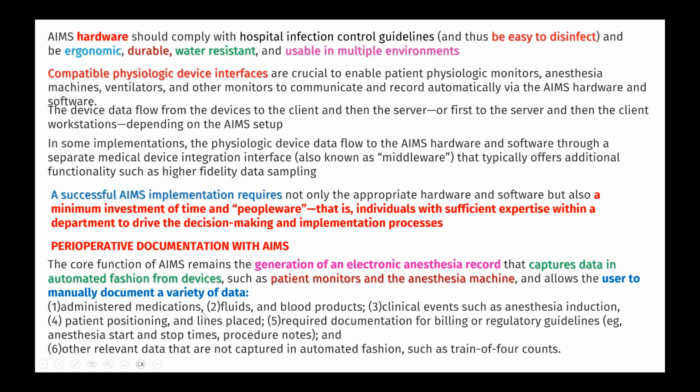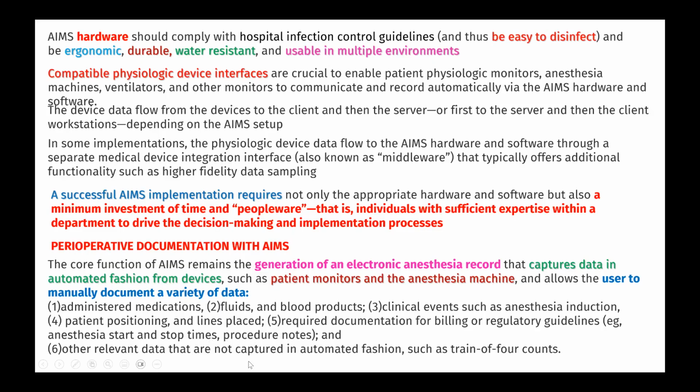Administration of medication, fluids and blood, clinical events such as anesthesia induction, patient positioning, lines placed, documentation required for billing and regulatory guidelines, and the anesthesia start and stop time. This is very important because in private nursing homes, the entire duration, starting from anesthesia to shifting out the patient, is charged as OT time, and the charges are based on the duration the surgeon takes to complete the procedure. So it will increase if the duration gets prolonged.